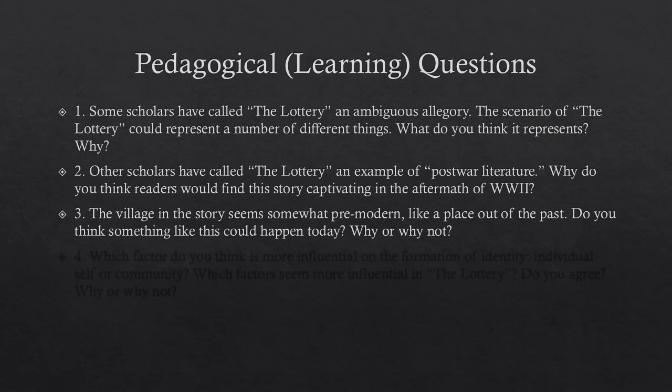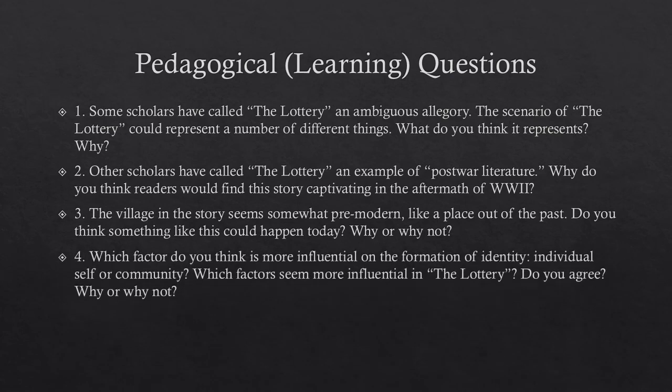Theoretically speaking, this could happen. But at the same time, it's removed. It's somewhere in the distant past. It's a village. It's not a city. But I think this story is a haunting story, and Jackson's doing everything she does here very intentionally. So I ask you then, could this happen today? Could this kind of community exist today? And very important to get into the why or why not there.